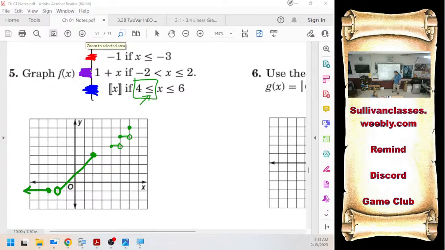This would be redundant because it says there's nothing here. I mean, technically, if you want, I can put it there and there and there and there and there. I mean, you're right, it is there, but that's like saying 1x to the first over 1. Like, yes, there are all those open circles, but overkill.